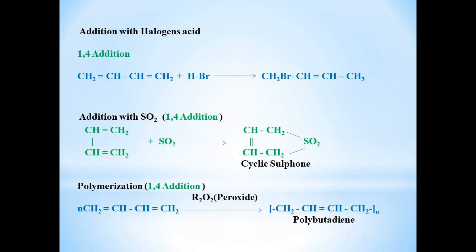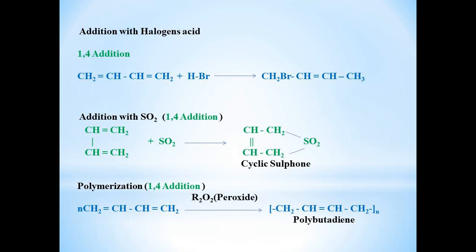Next is addition with the halogen acids in a 1,4 addition. 1,4 addition means hydrogen bromide adds at the first and fourth carbon. It gives CH2Br CH double bond CH single bond CH3. This is the addition with the halogen acid for 1,4 addition.